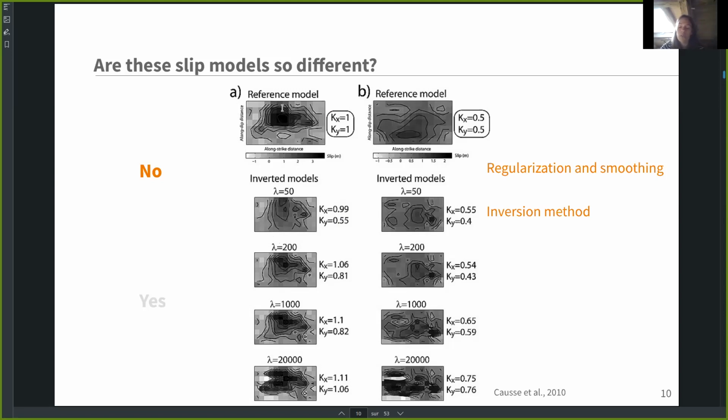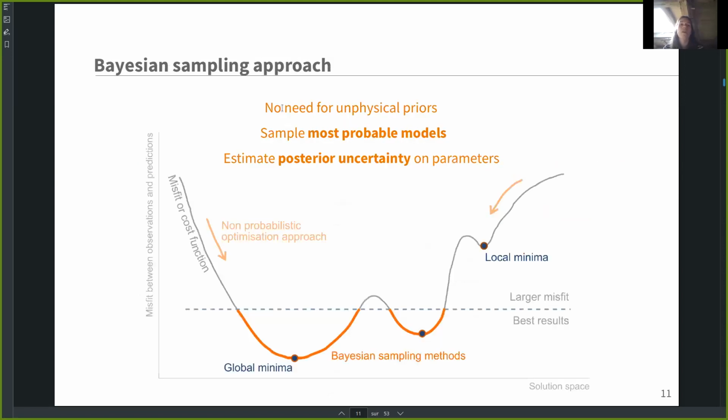One way to overcome this issue is not to regularize the problem and not to minimize the exploration of the solution space. We can do that by using Bayesian approaches to sample the solution space. Here is a very basic representation of a 2D solution space to explain very quickly what Bayesian sampling methods allow us to do.